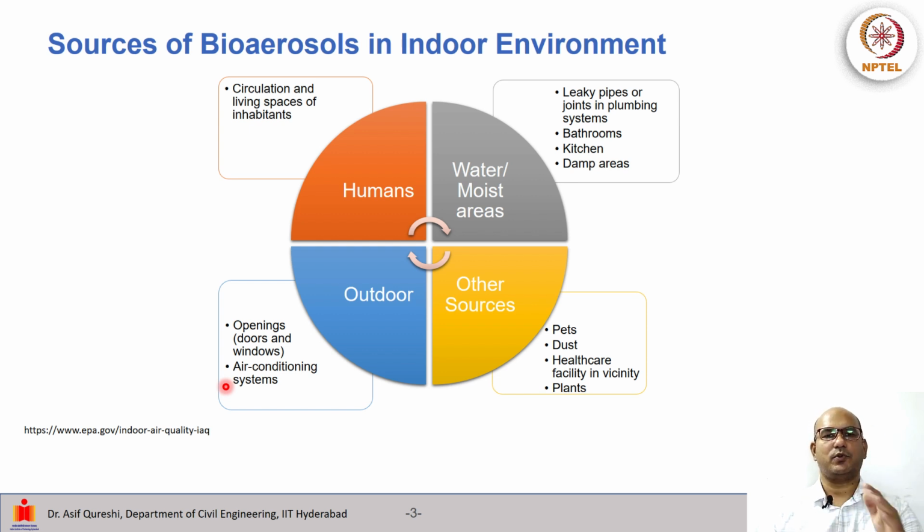So when the AC blows, then we get bacterial or microbial exposure. Although if we are looking at the flaps, they are still inside. For outdoors, it's the air coming from outside through the air conditioning system, which will bring the aerosols from the outside. We may have water and moist areas.